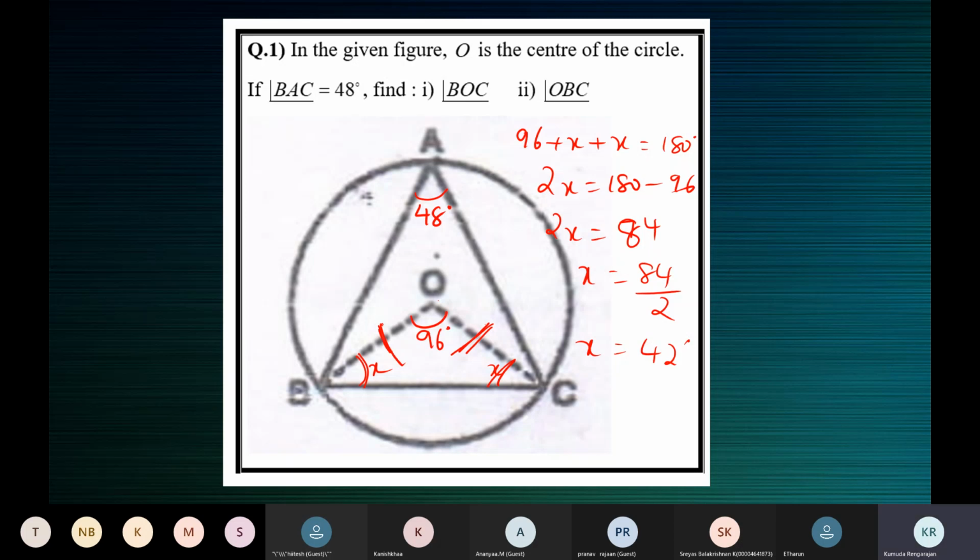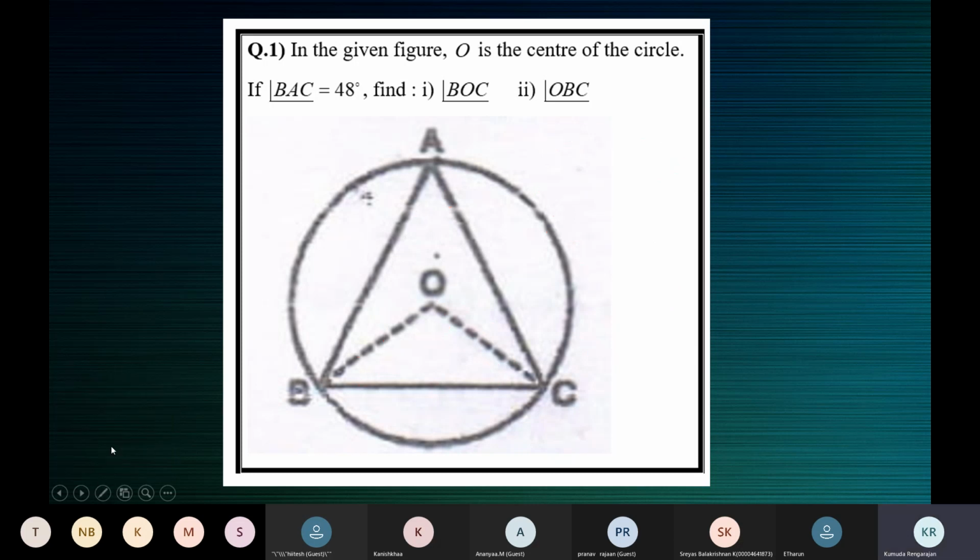Yeah, we'll do that. We have discussed the first one. Let's again understand the whole thing. Let's do it again, children. This angle is given to be 48 degrees. Which arc makes BAC on the circumference?